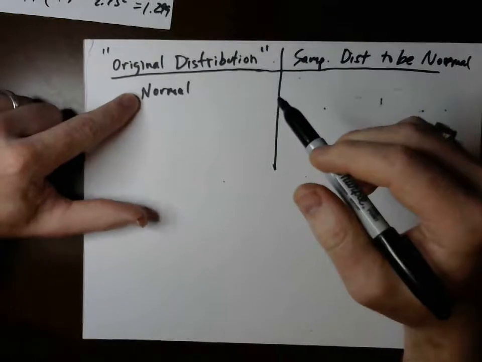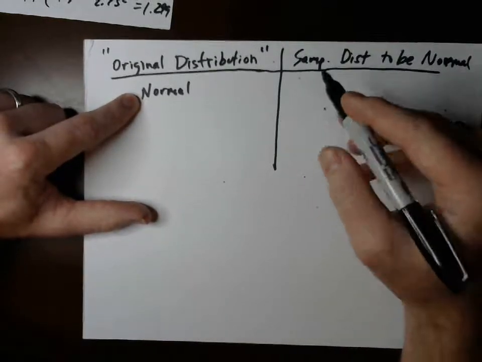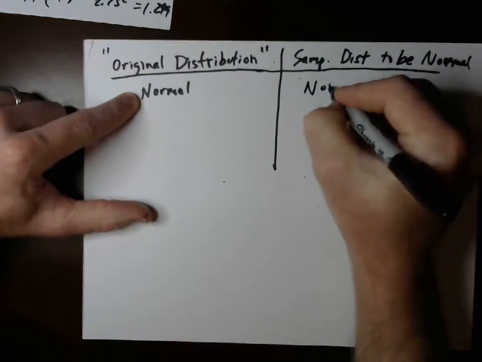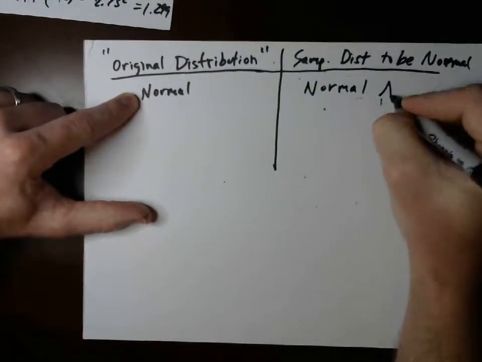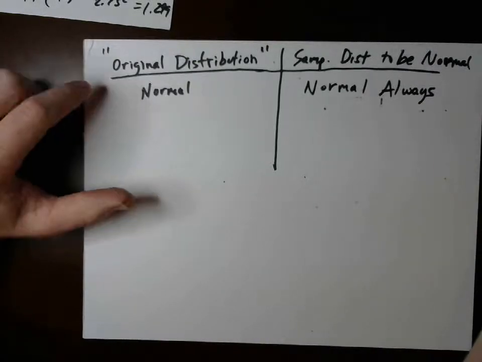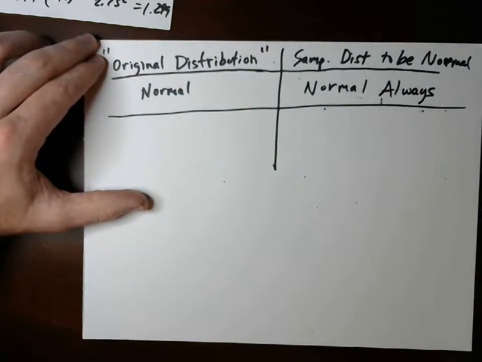Oh wait, but if the original distribution is normal, it doesn't matter what n is. We know that this is going to be normal, always. It doesn't matter what n is. The sampling distribution is always going to be normal.